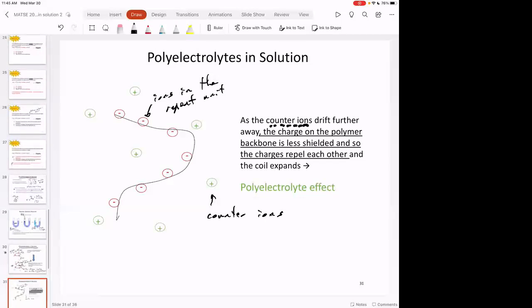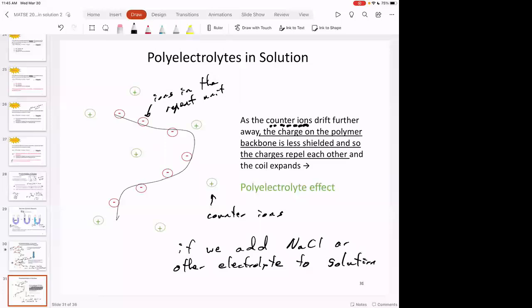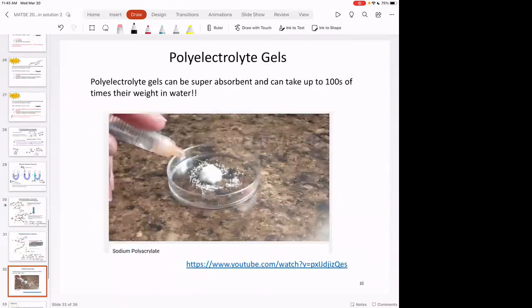And just as we talked about, if we add NaCl or other electrolyte to solution, we get more ion pairing, and the polymer chain is more coiled. Great. And we'll talk more about this.